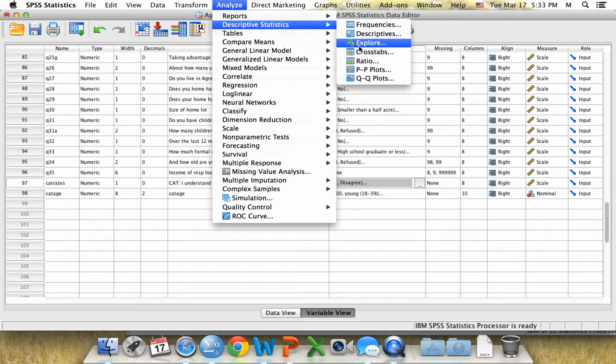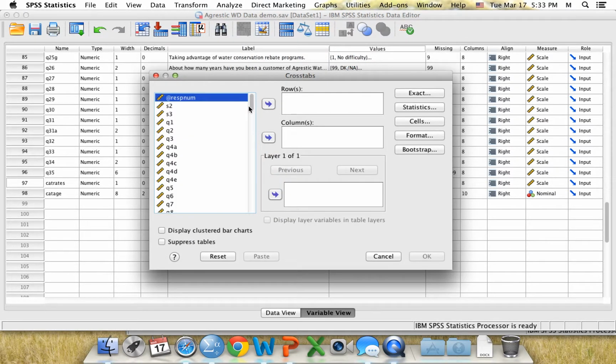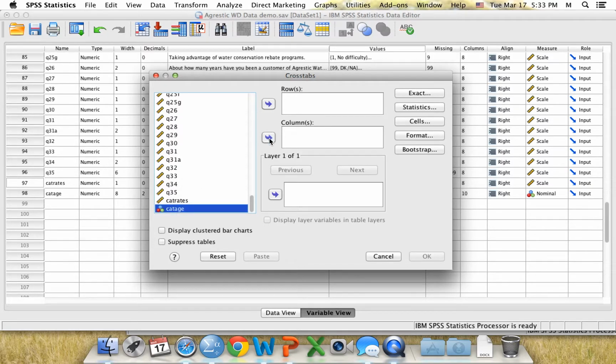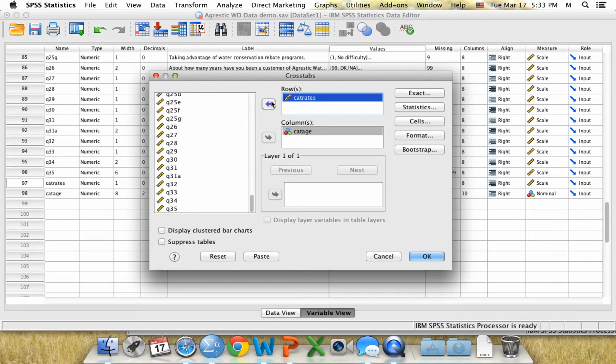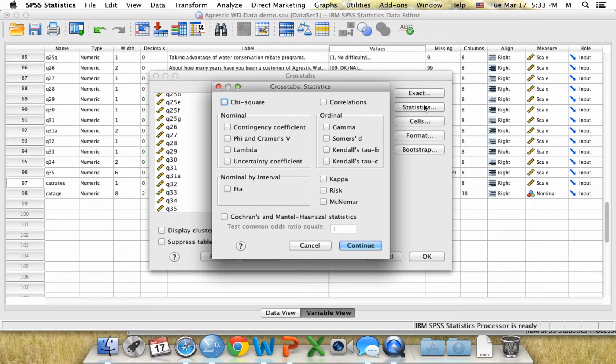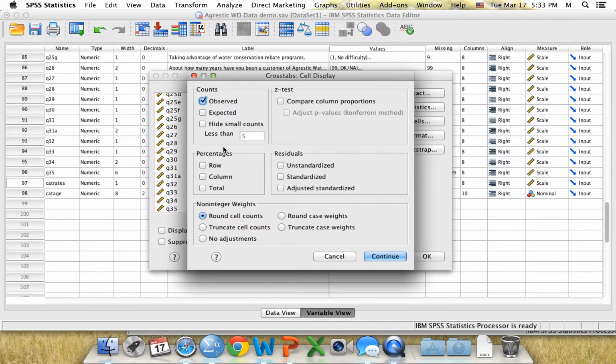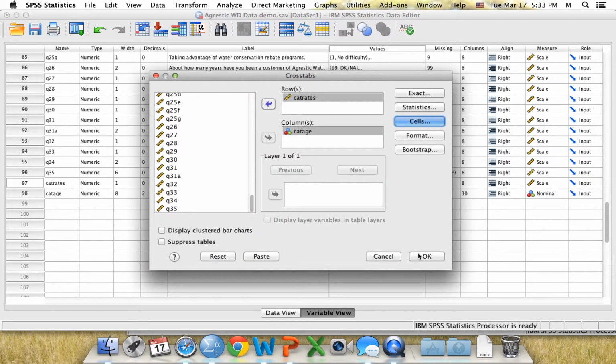So I go to Analyze, Crosstabs, I select cat age as the independent variable, meaning the cause, into the column, and cat rates into the row, and I choose statistics for chi-square. I choose cells. I request row, column, and total information.